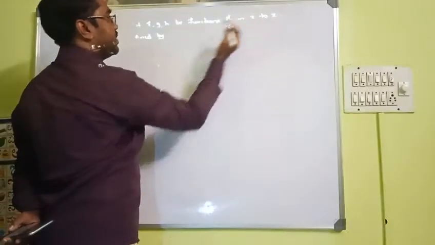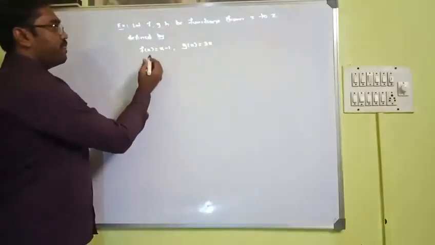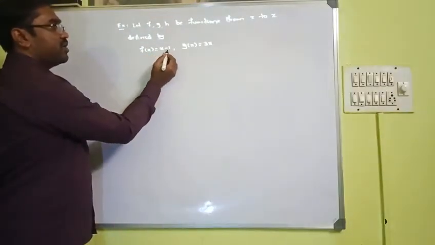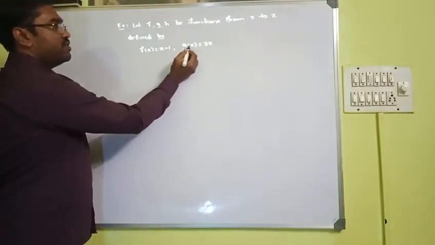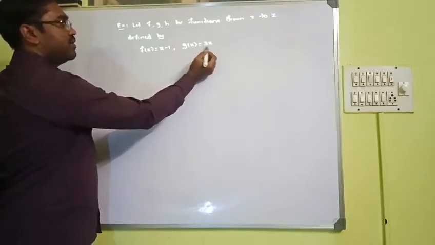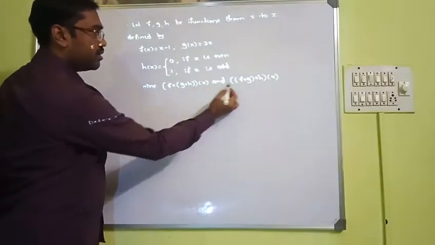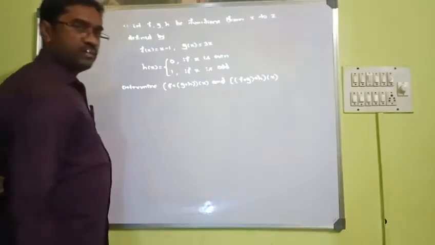Now let us take three functions f, g, h, be functions from Z to Z defined by f of x is equal to x minus 1, g of x is equal to 3x, and h of x is equal to this. The question is to determine this composition on x and this composition on x.